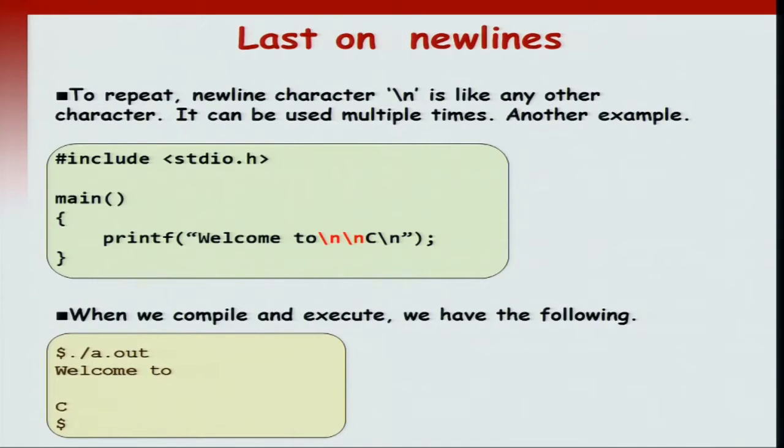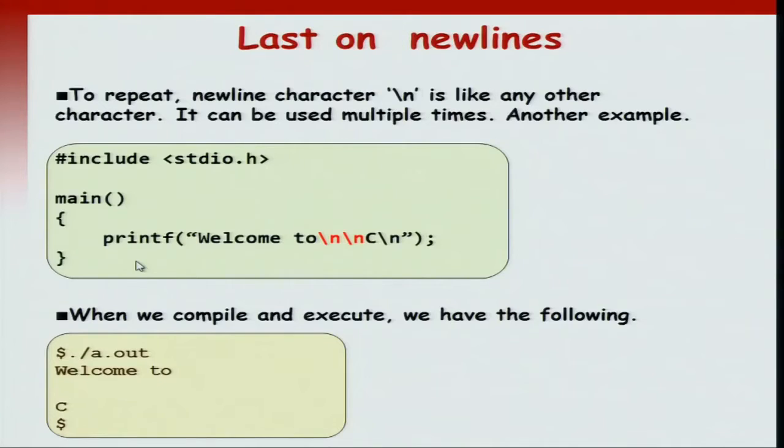Okay. So, let us just conclude by saying one more thing about new lines. The new line character \n is like any other character, and you can use it multiple times even within a single message. For example, if I do the same program, but let us say I have welcome to \n C \n. Okay. So, I have repeated occurrences of \n in the same message.